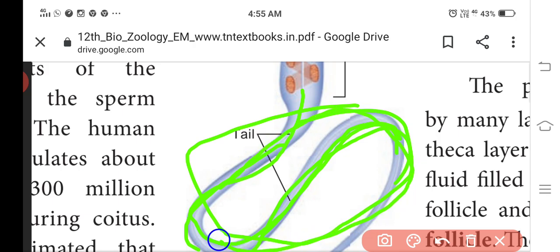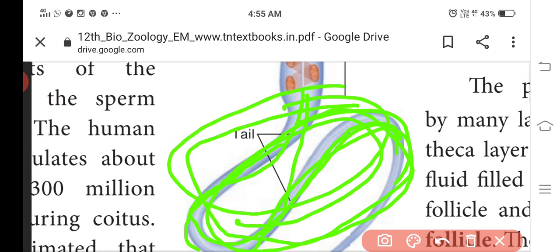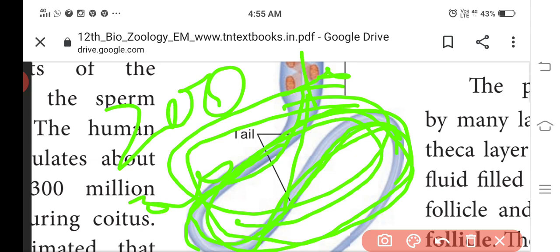What is the function of the tail? It pushes the sperm forward towards the entry of the ovum. A human male releases 200 to 300 million sperms during coitus, in the female genital tract.